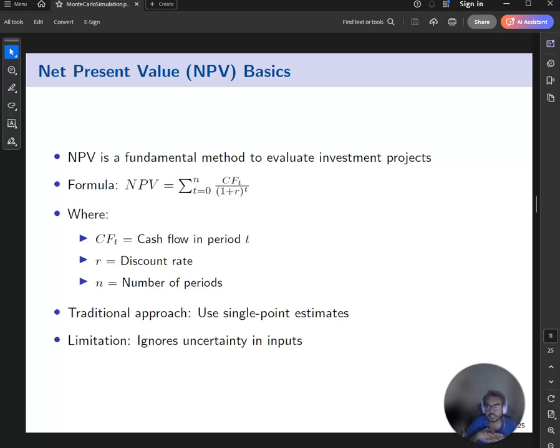This approach also acknowledges the reality that we cannot predict the future with certainty. We don't know what's going to happen tomorrow. Variables like market demand, input costs, construction timelines, competitive responses, these are all variables that have elements of uncertainty inside them, and that can significantly impact the project success.